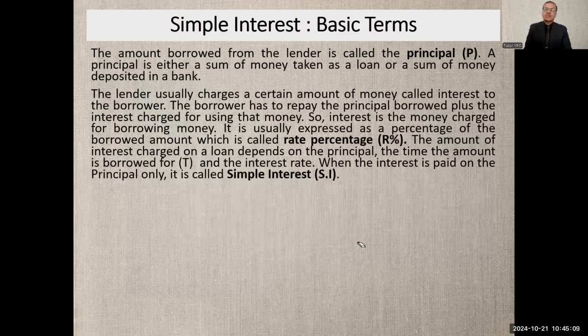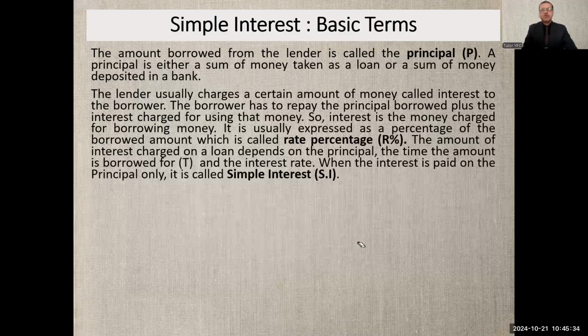It is usually expressed as a percentage of the borrowed amount, which is called rate percentage, that is R percentage. The amount of interest charged on a loan depends on the principal, the time the amount is borrowed for, and the interest rate.